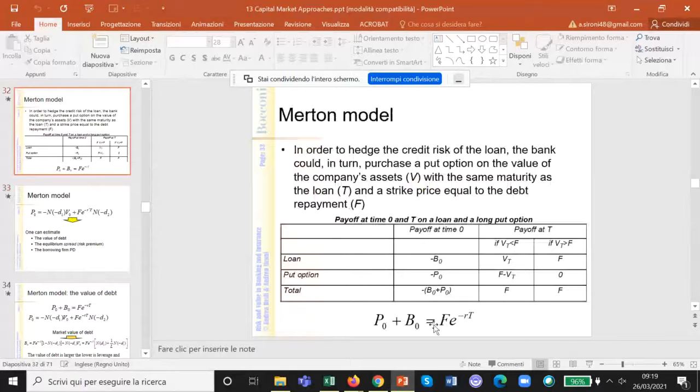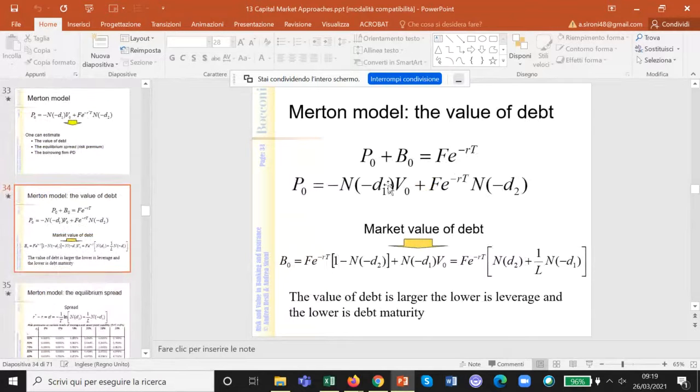Let's get back to this equation. We put the two equations together, and therefore we get that the value of debt is equal to the put option price plus the present value of the face value of debt, and we get this equation.